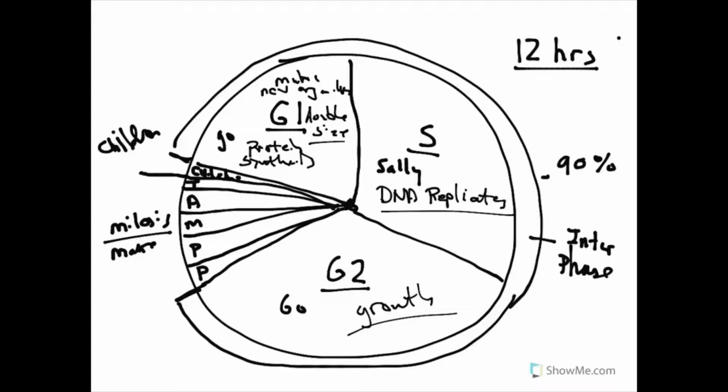Now, mitosis goes through the stages of PPMAT. Prophase, Metaphase, Anaphase, and Telophase.